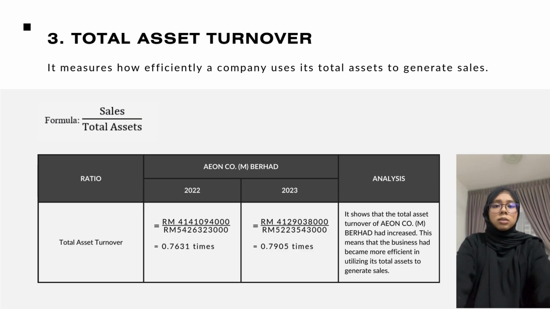It shows that the total asset turnover of Aeon had increased. This means that the business had become more efficient in utilizing its total assets to generate the sales.